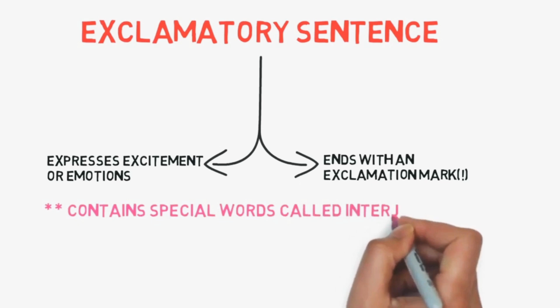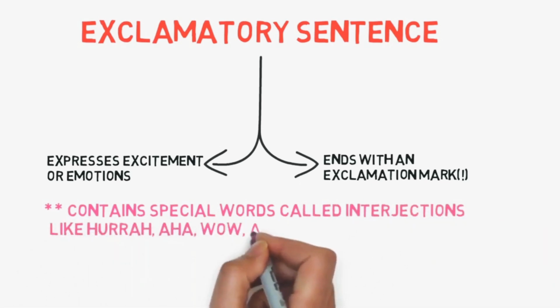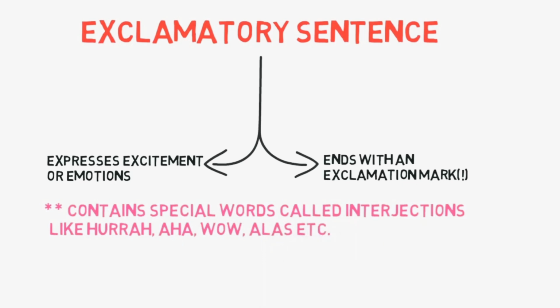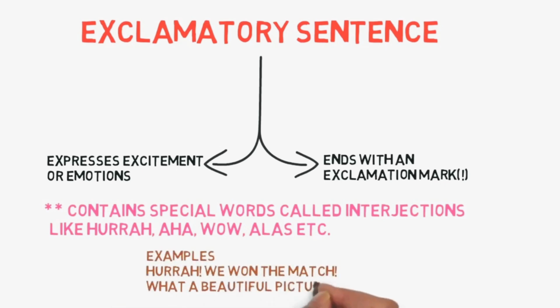These sentences often contain special words called interjections like hurrah, aha, wow, etc. Examples are: hurrah, we won the match, or what a beautiful picture it is. These were the 4 types of sentences.